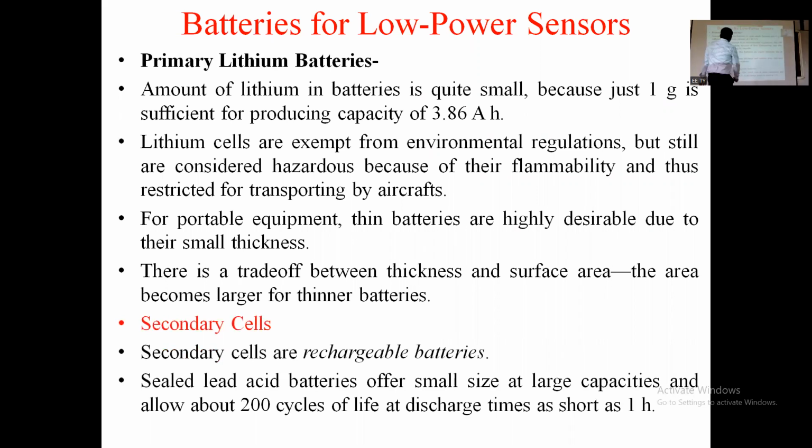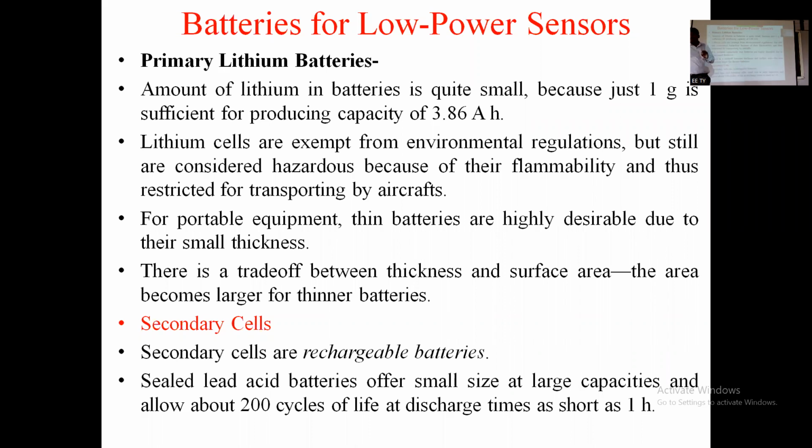Now the amount of lithium in the batteries. 1 gram of lithium will produce about 3.86 ampere hour capacity. So the amount of lithium needed for construction of these types of battery is minimum.